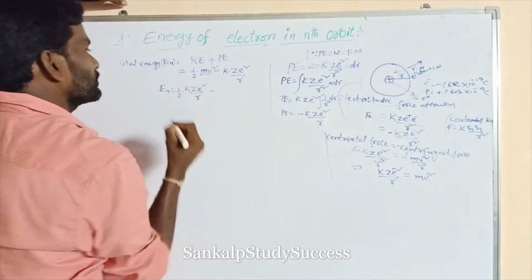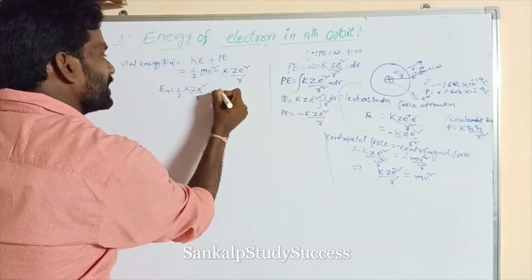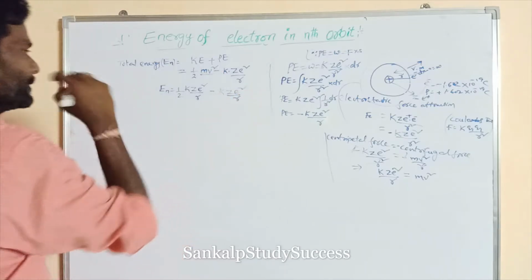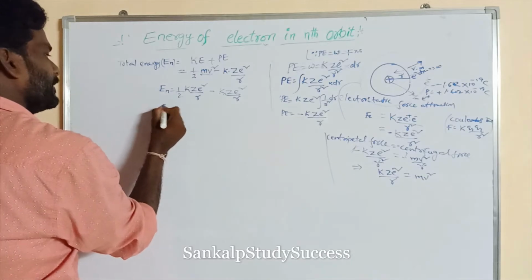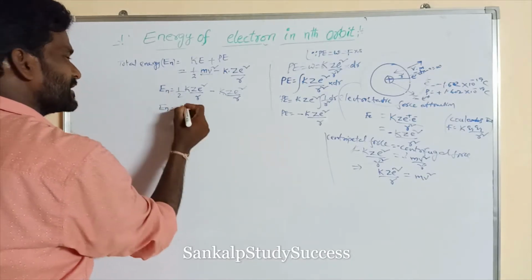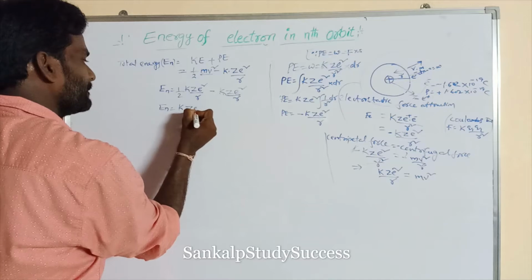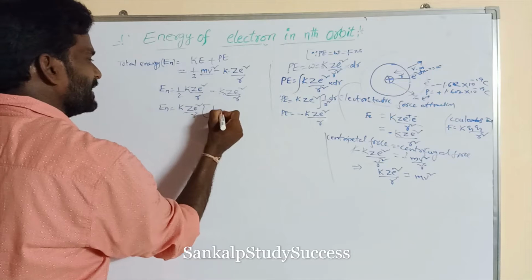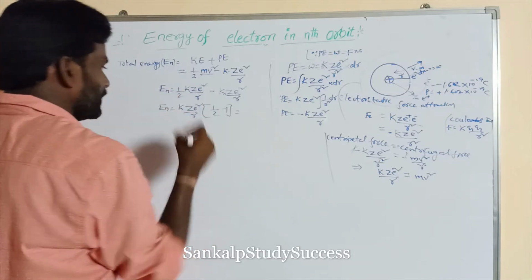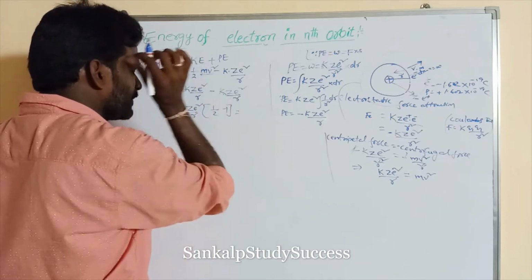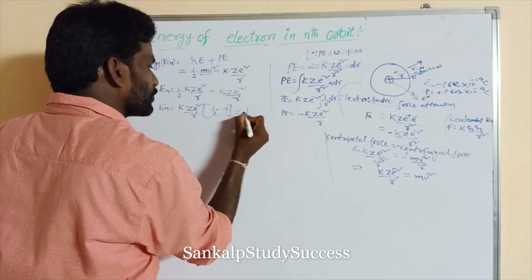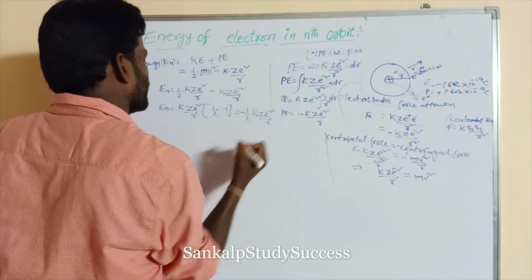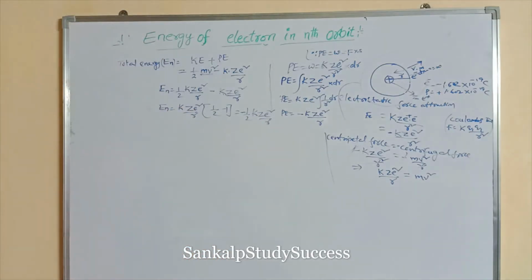Taking k z e square by r as common, En is equal to 1 by 2 minus 1, which is minus 1 by 2 into k z e square by r.